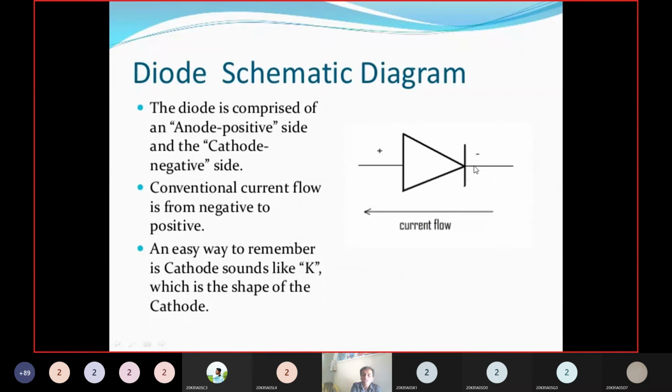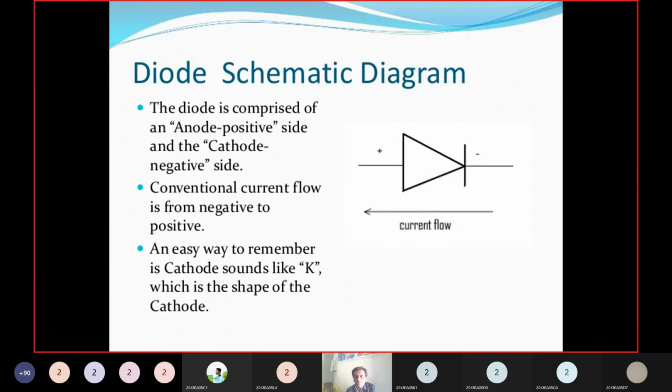The diode is comprised of the anode, the positive side, and the cathode, the negative side. Conventional current flow is from positive to negative. This direction drawn here is wrong. Depending on the applied field, the current flow will depend on whether it is forward bias or reverse bias.